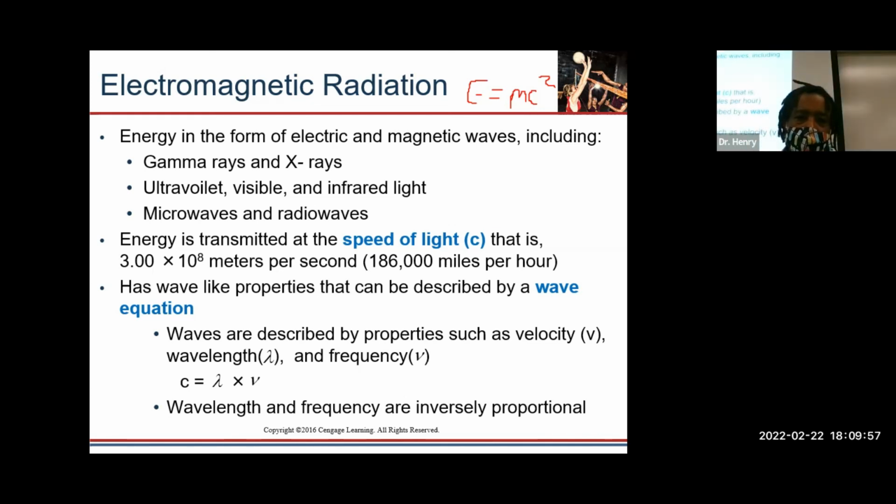So we know that the speed of light is equal to the frequency times the wavelength, right? Lambda is the wavelength, nu is frequency, okay? So we know the speed of light is always constant. Everybody remembers that, right?